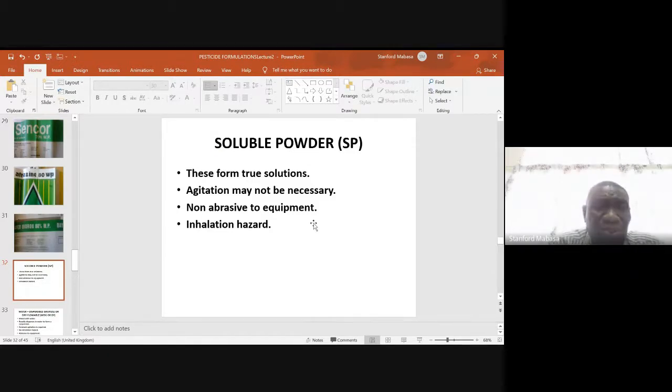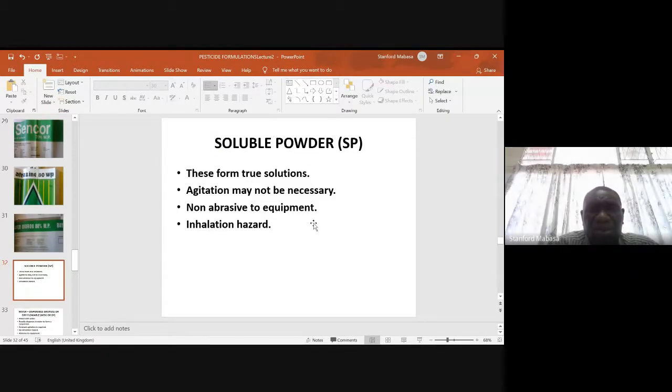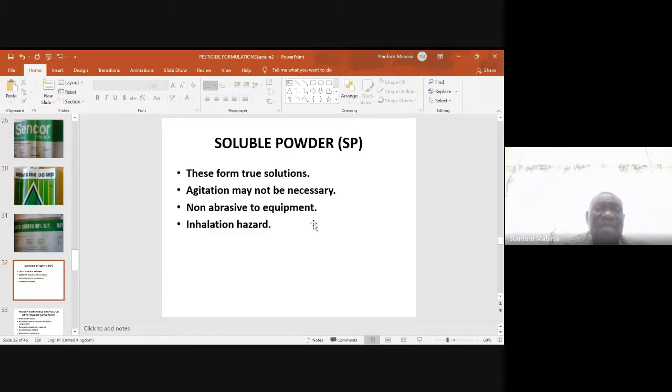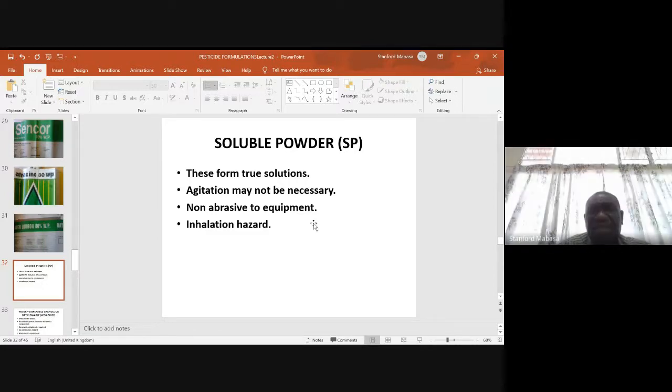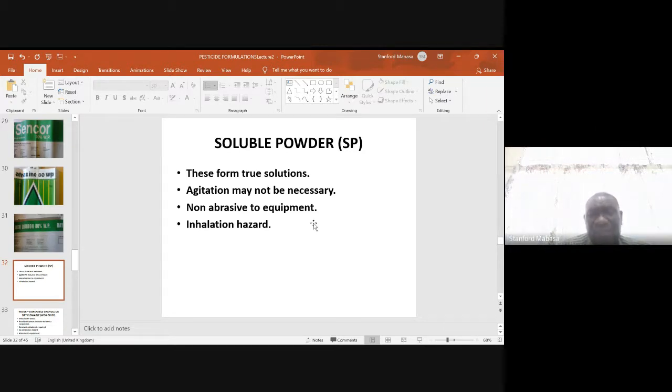We move on to soluble powder, SP. These form true solutions. You don't necessarily need to stir or agitate the container. It may not be necessary.